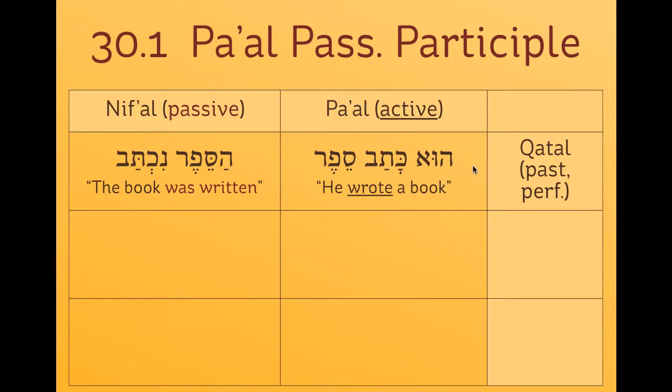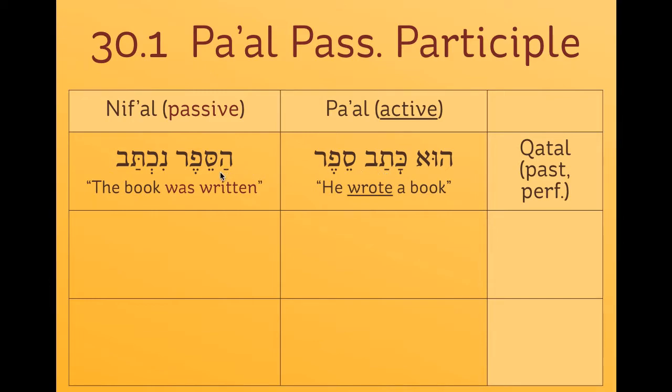For instance, let's set the point of reference as the present time of me talking. And if I say hu katav sefer, he wrote a book, katav as a Qatal form is past tense, so the writing happened sometime in the past, and it's a perfective aspect, meaning the writing of the book is complete. So he wrote a book, and here's the book. I can give it to you because the writing is complete.